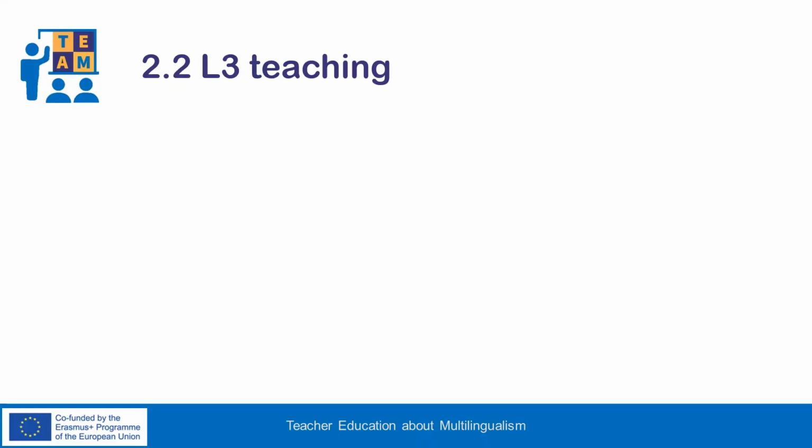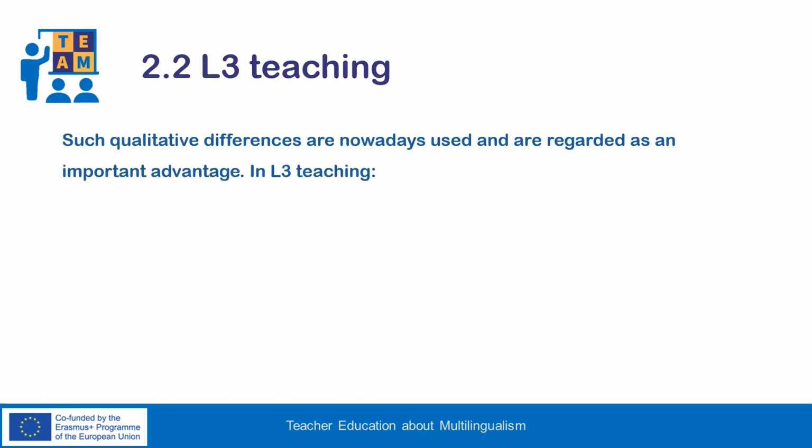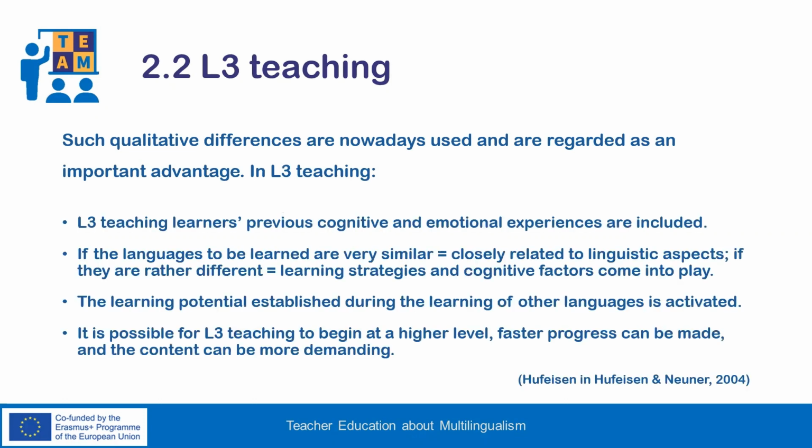Such differences inevitably result in differences in teaching. So when it comes to L3 teaching, they are nowadays used and they are regarded as an important advantage. In L3 teaching, learners' previous cognitive and emotional experiences are included. If the languages to be learned are very similar, we have closely related languages as far as linguistic aspects are concerned.